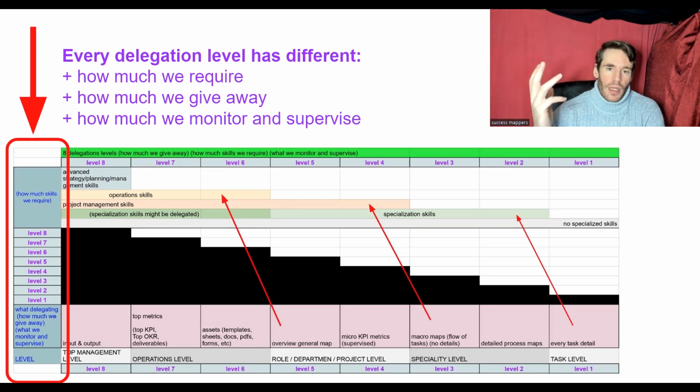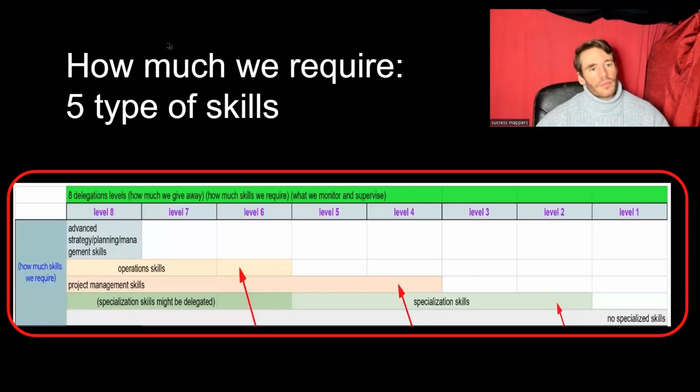Because we are dealing with human beings, sometimes you must not be so rigid about this graphical representation, but this is the starting point for sure, 100%. Okay, so the three parts are how many skills we require, how much we give away as information, and how much we monitor and supervise.